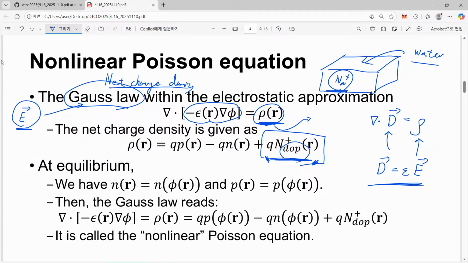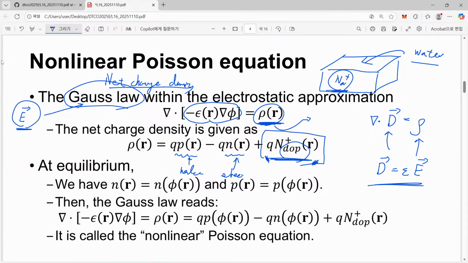They don't move. And what are the moving charges? Here we have two possible ways: this is hole density, and this is electron density. Yes, electrons and holes can move, so they are mobile charges.